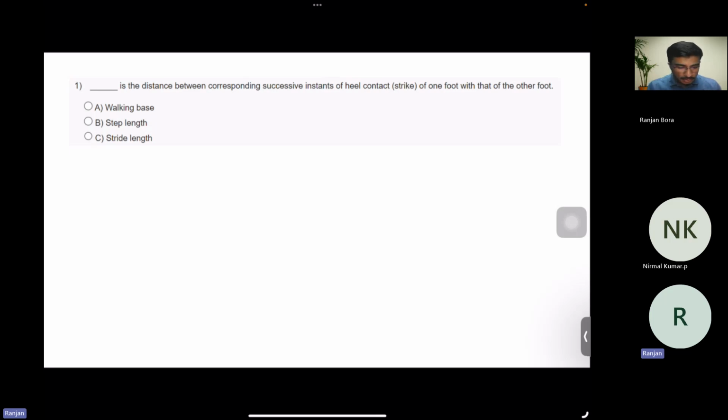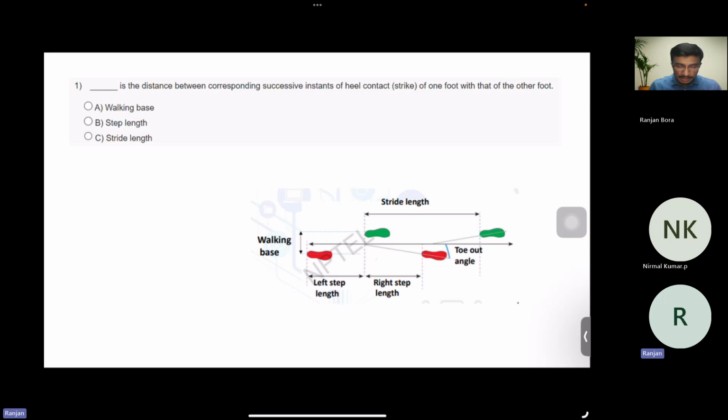Okay, so the answer is the step length. You can see this is a gait cycle, and here it is asking the corresponding successive instance of heel contact of one foot with that of the other foot. This is the right foot and this is the left foot. Then this distance is the step length.